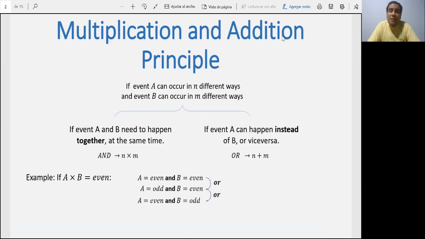In which case, you have to decide for the operation of multiplication or the addition of the number of ways in which each event can happen.